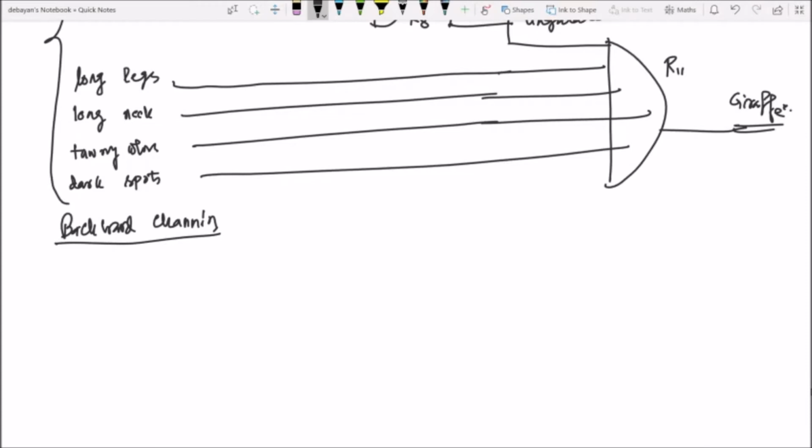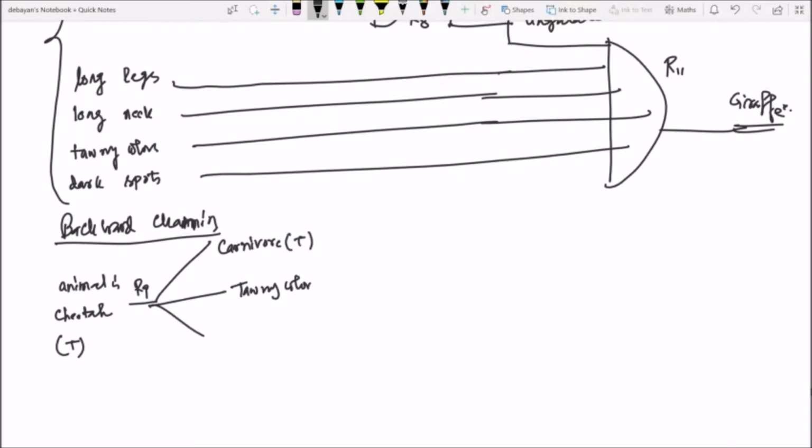In case of backward chaining, say the animal is a cheetah. If this is true, then we know some rules. If this is a cheetah, then it should be a carnivore. It may be true.